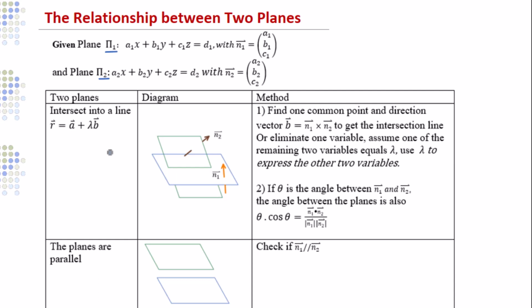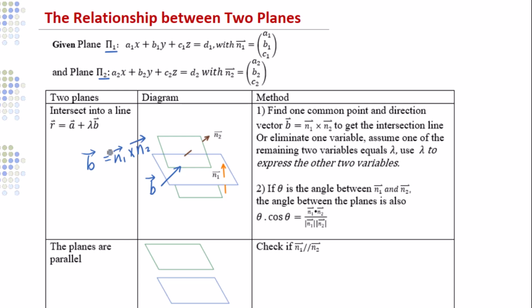When two planes intersect in a line, r equals a plus lambda b. The direction vector of the intersection line is vector b, and vector b equals n1 cross n2.